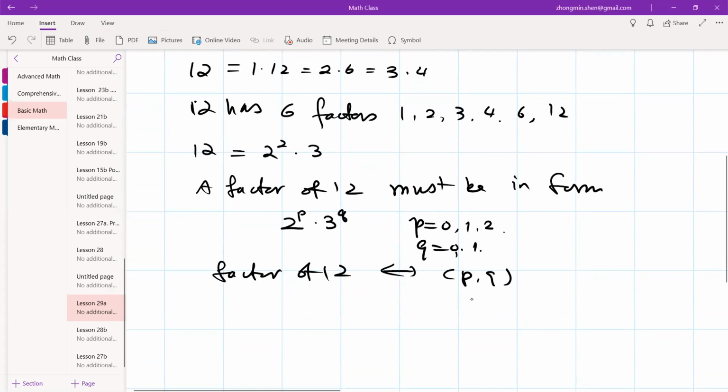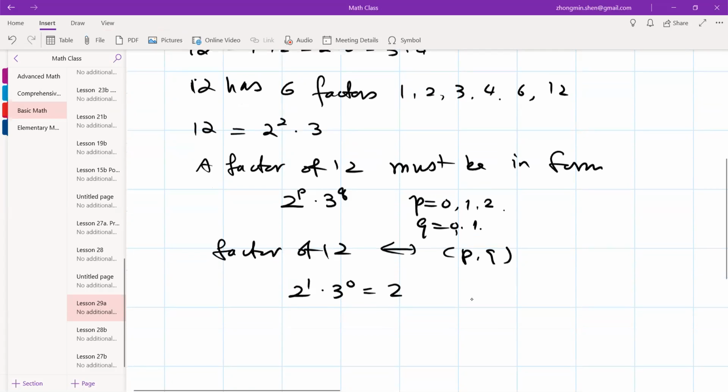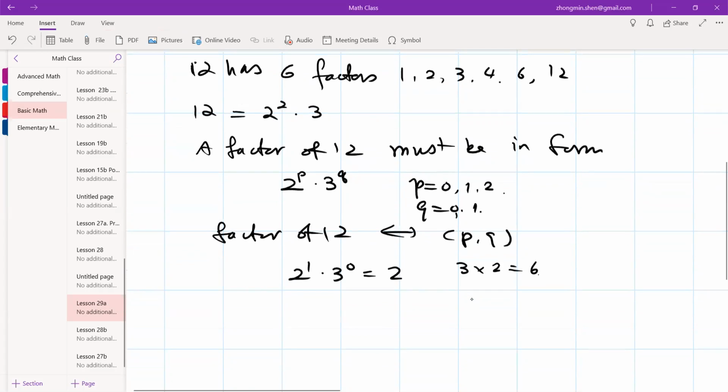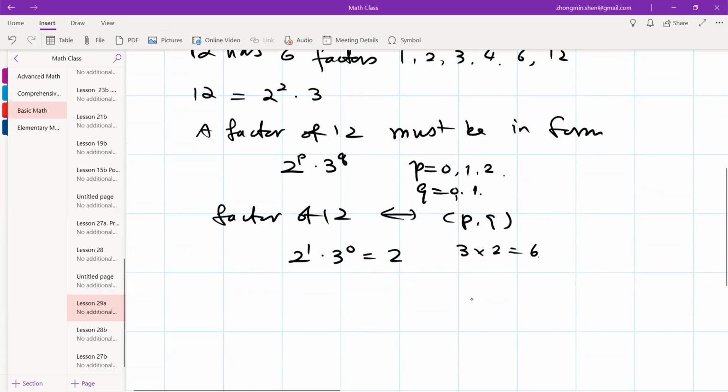Like 2 to the 1, 3 to the 0, which is 2, is a factor, when P is 1 and Q is 0. So how many choices for P, how many choices for Q? There are 3 choices for P and 2 choices for Q, so the product is 6. That's why you have 6 factors, because you have this many different combinations of P and Q.